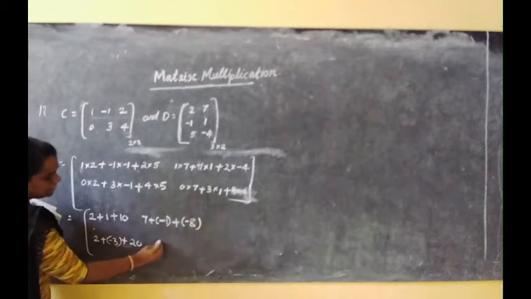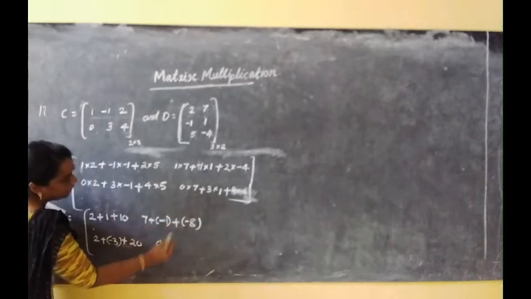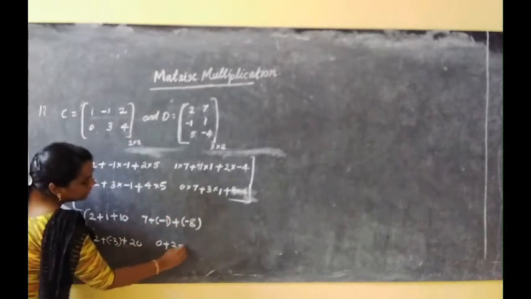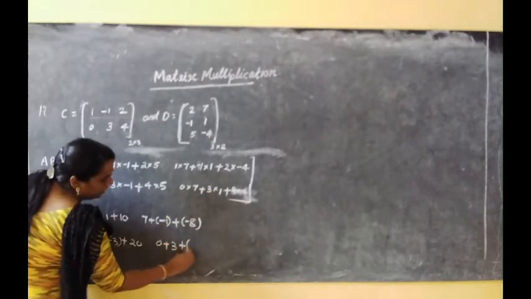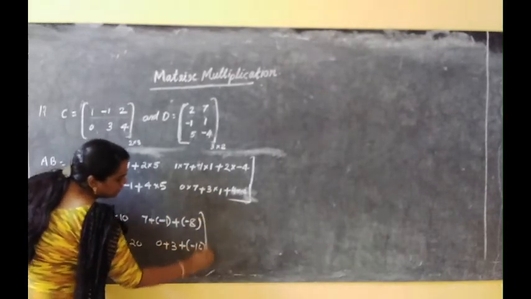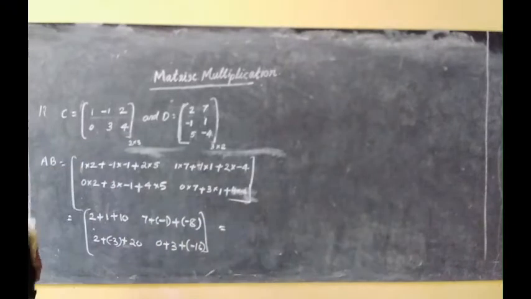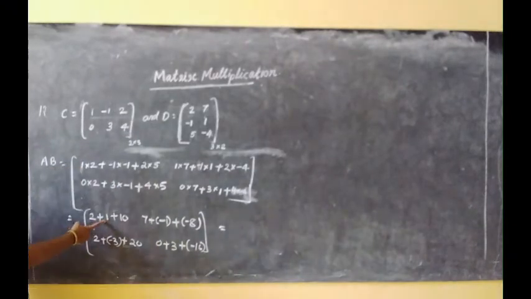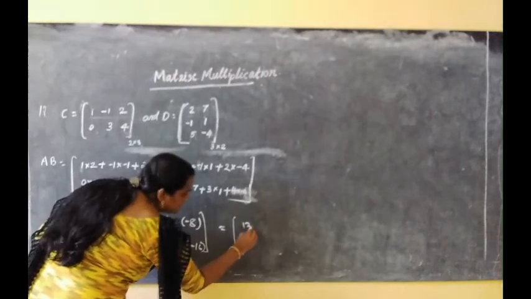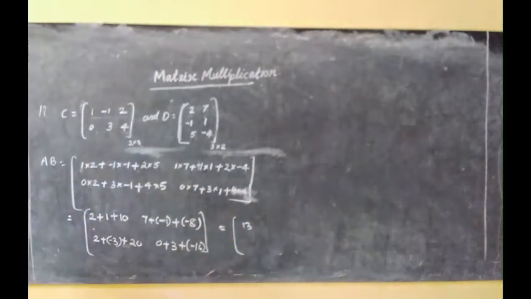Here 0 into 7, 0, plus 3 into 1, 3, plus 4 into minus 4, that is minus 16. Now let's simplify this. 2 plus 1 plus 10: 2 plus 1 is 3, plus 10, we get 13. That is the first element.